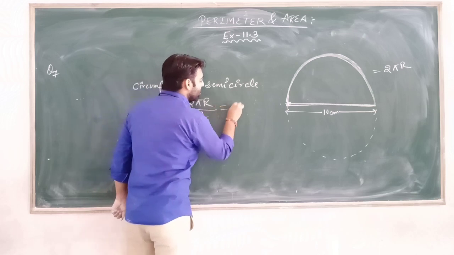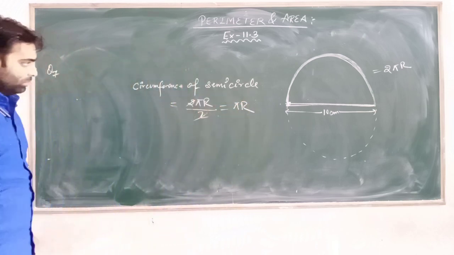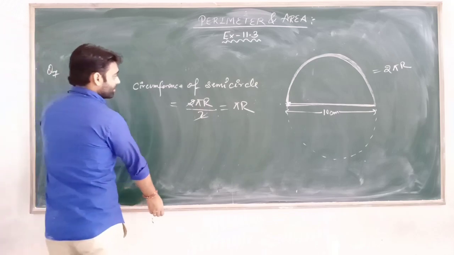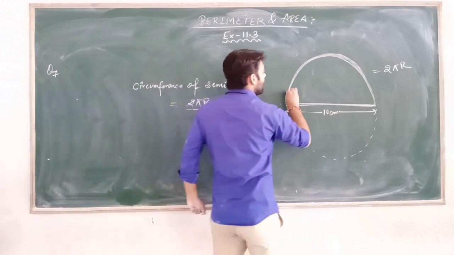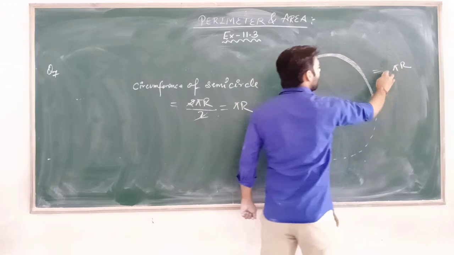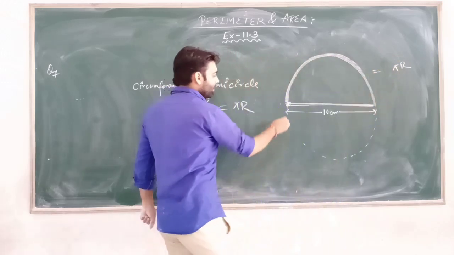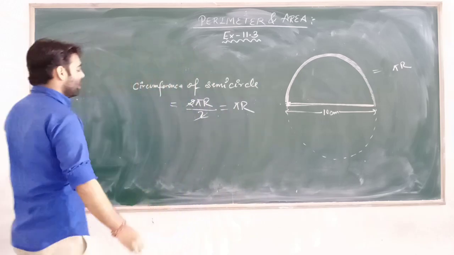Half of 2 pi r will be equal to pi r. Means the length of this will be equal to pi r, and plus 10 centimeters if we move along this side.